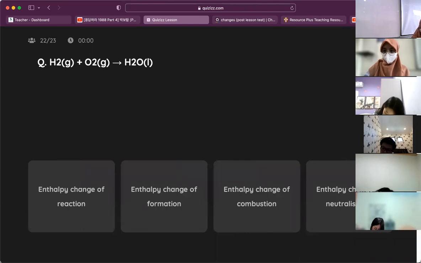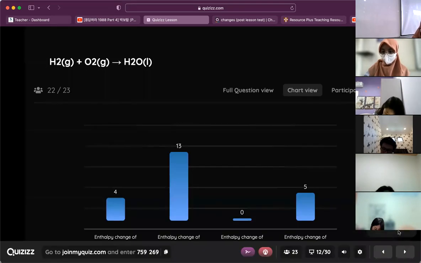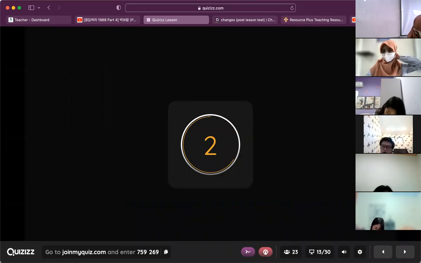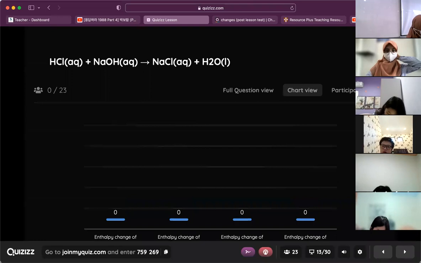Next one. Is it the last? Oh, no. One more. This one? What type of enthalpy is it? What type of standard enthalpy change is it?